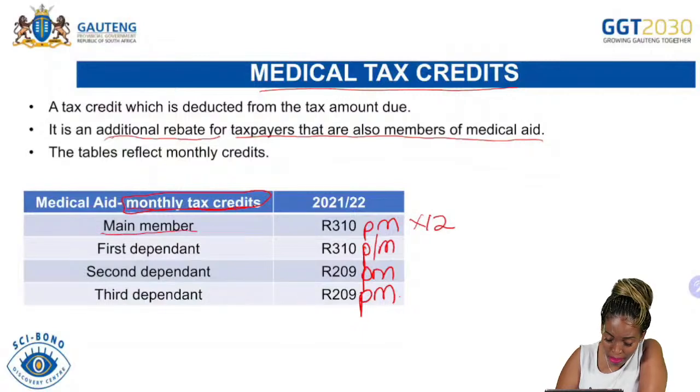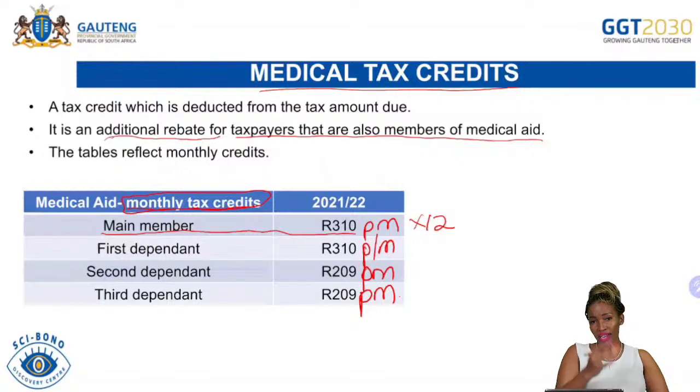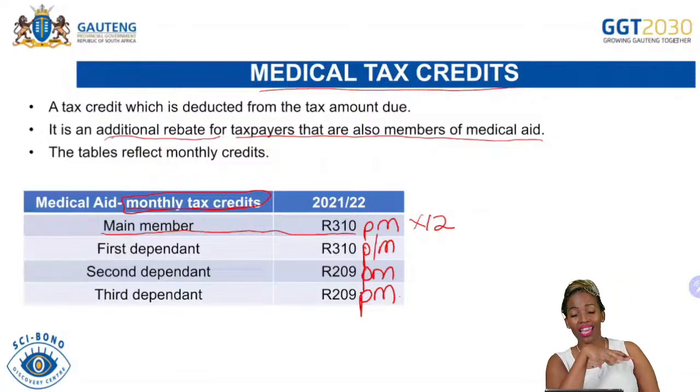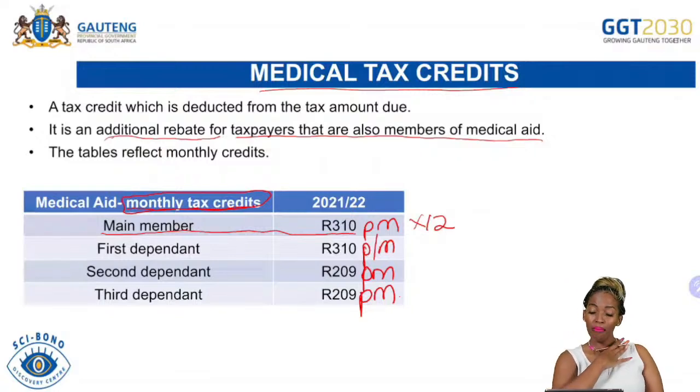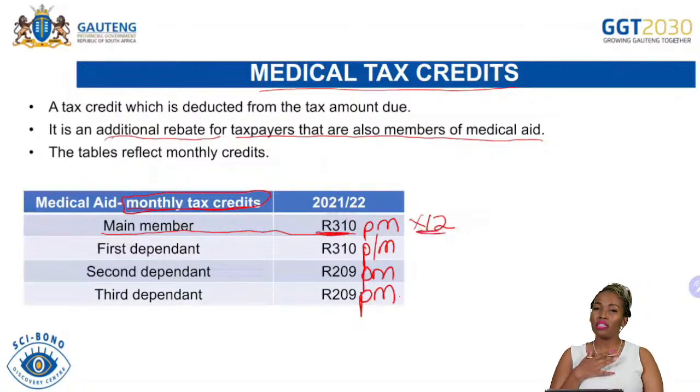So here they say the main member is 310. What does it mean? If I am a taxpayer and I have the medical aid, then I'm the main member on this medical aid. To calculate my discount, you will say 310 rand multiplied by 12. Say I have a spouse who is also a member on my medical aid.